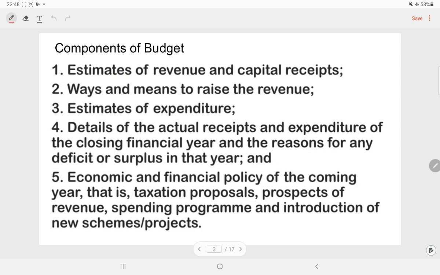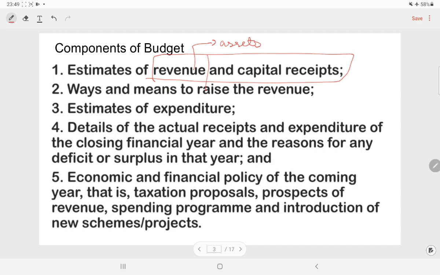There are different components of the budget. The first component is the estimates of revenue and capital receipts. What are revenue receipts? Revenue receipts are those receipts which do not reduce assets and do not increase liability. For example, the taxes the government gets from different provisions come under revenue receipts.